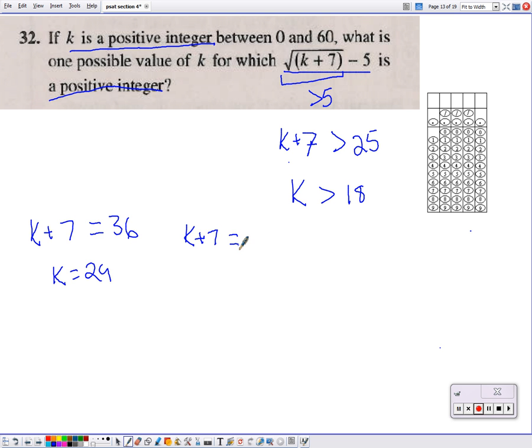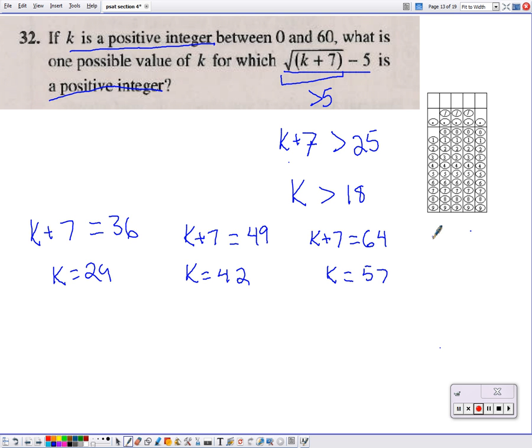Well, the next perfect square after 36 would be 49. So that means k could be 42. After 49, 8 squared would be 64, and that means that k could be 57.